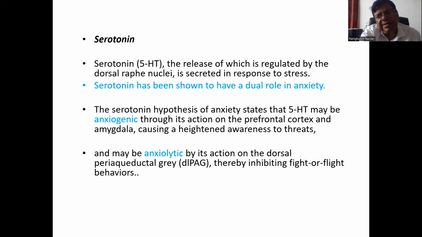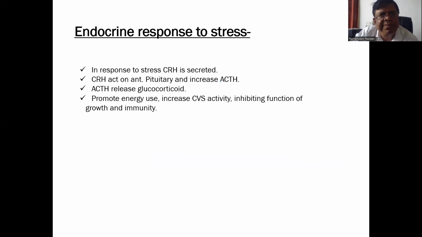The serotonin hypothesis of anxiety states that 5-HT may be anxiogenic through its action on the prefrontal cortex and amygdala, causing a heightened awareness of the threat. Then it may be anxiolytic by its action on the dorsal periaqueductal gray region, thereby inhibiting fight or flight behavior of a person.